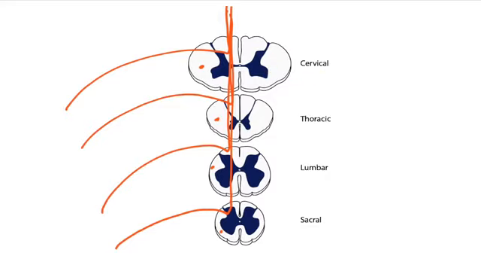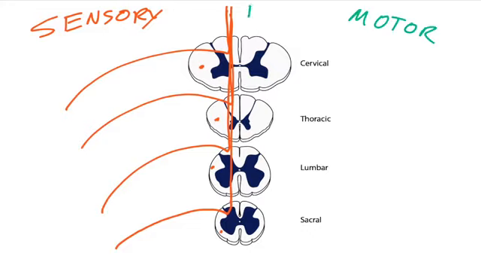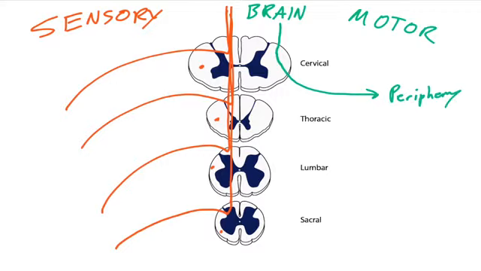So on this left side in red, we've demonstrated sensory information traveling to the brain. And now on this right side, we're going to talk about motor innervation. So motor innervation from the brain travels down through the spinal cord and then sends information to the periphery. And it does this through peripheral nerves. Now, motor axons from the brain heading to the periphery are part of the white matter, as I've demonstrated here.